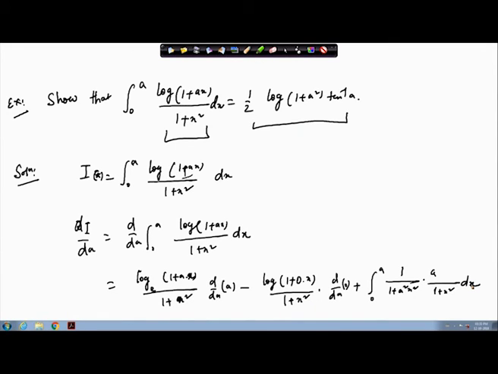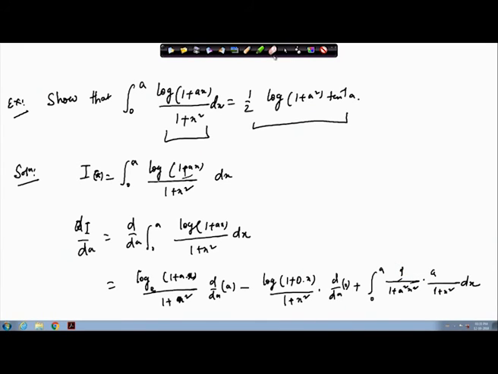And differentiation of a x would be x, so differentiation of this function would be slightly different.